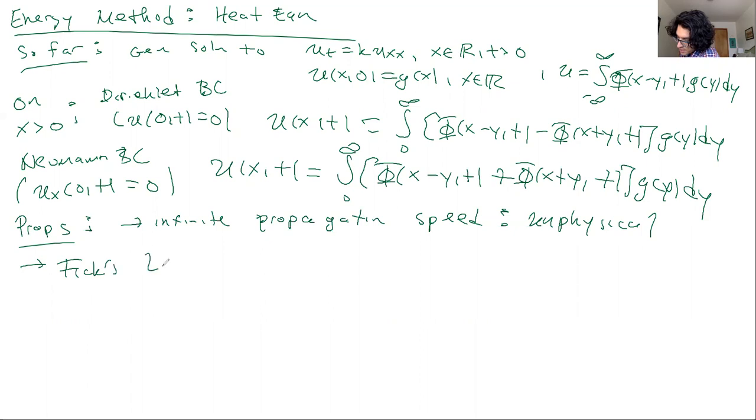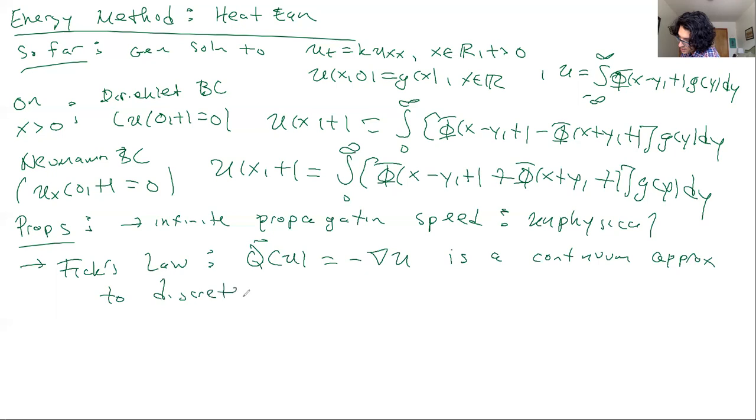These solutions satisfy what's called Fick's law, which essentially states that the flux of heat or substance should move down the gradient, okay? And essentially this is a continuum approximation to the discrete exchange of either molecules in the case of diffusion or heat, right?